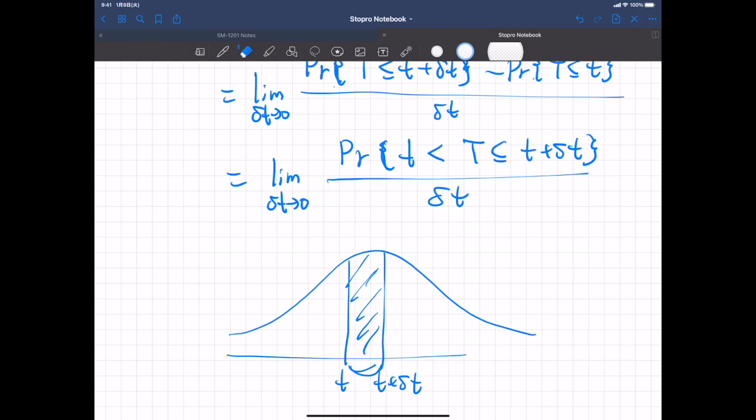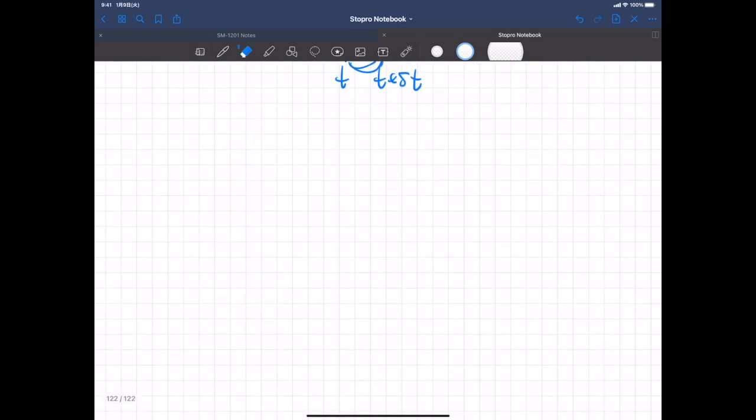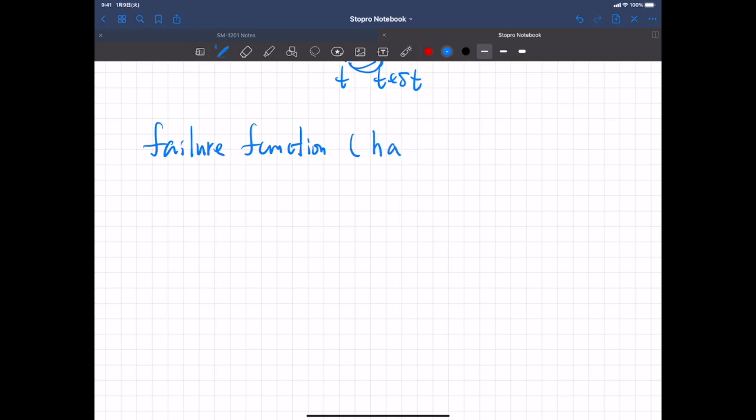Next, we define the failure function, or it is also called the hazard function.